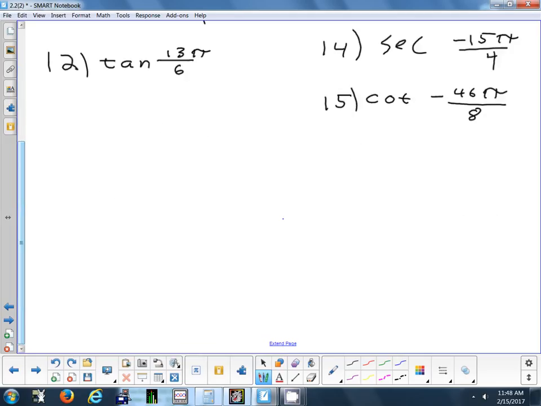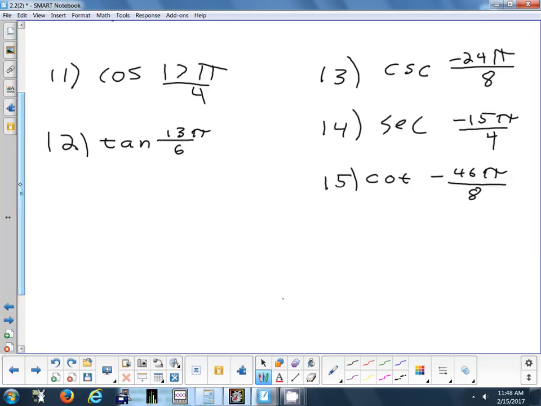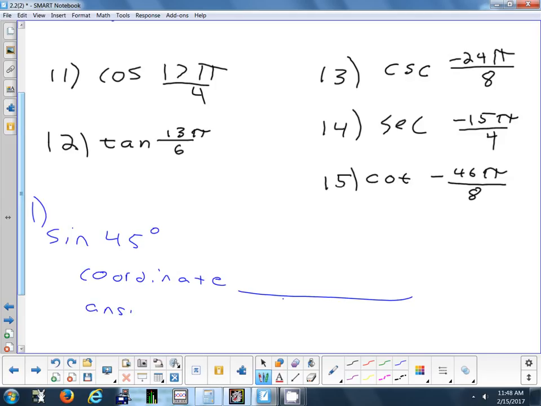And the way they're set up on the worksheet, I'll just show you the first one. Okay, so the first problem on the worksheet says sine 45 degrees. Okay, and there's 2 spots. The first one says coordinate. And the next one says answer. Okay. So what I'm looking for in the coordinate is a coordinate.